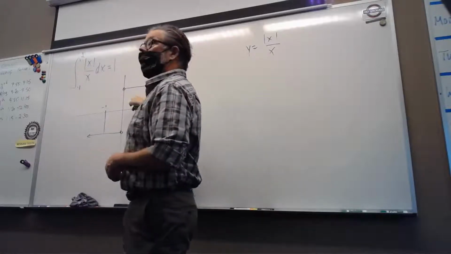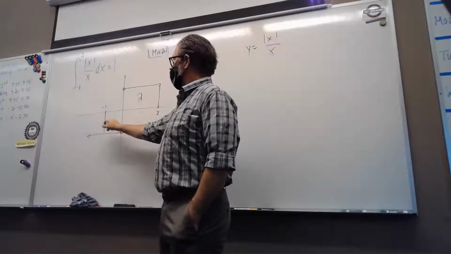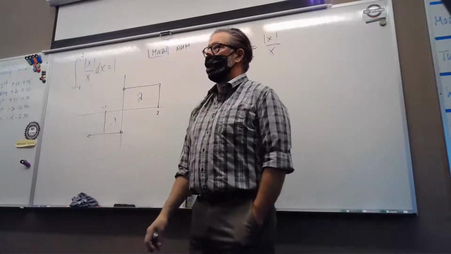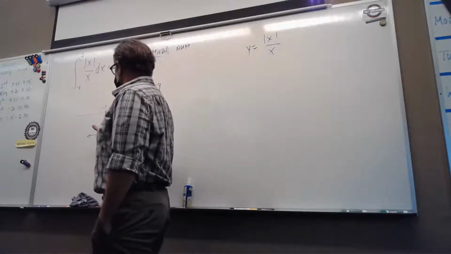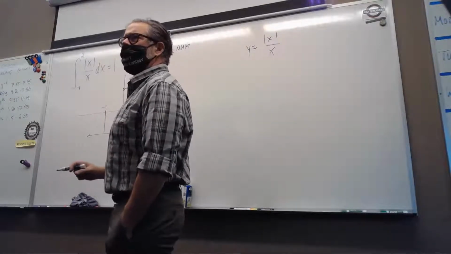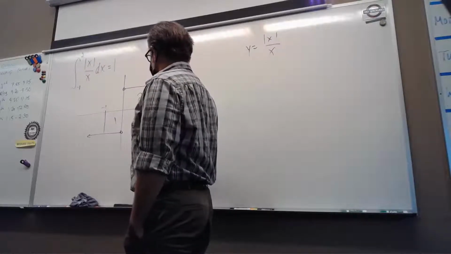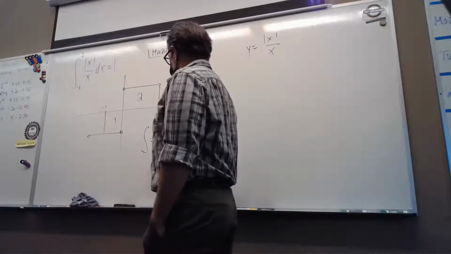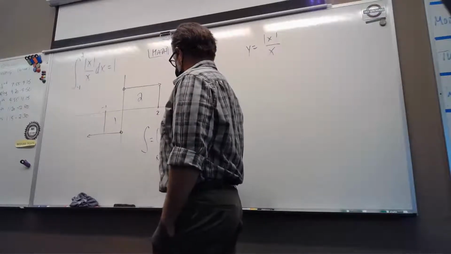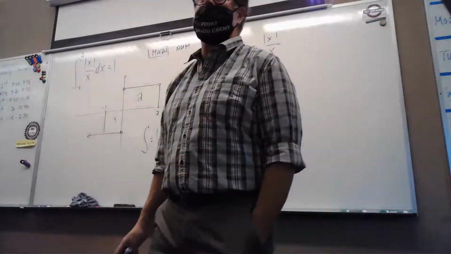So when we're looking at the integral from negative 1 to 2, what's the area of this? Negative 1. Or, as we discussed yesterday, you could argue that the area of that is 1, but that the integral is equal to the area above the curve minus the area below the curve. It doesn't really matter. Depends on how pedantic you want to be.